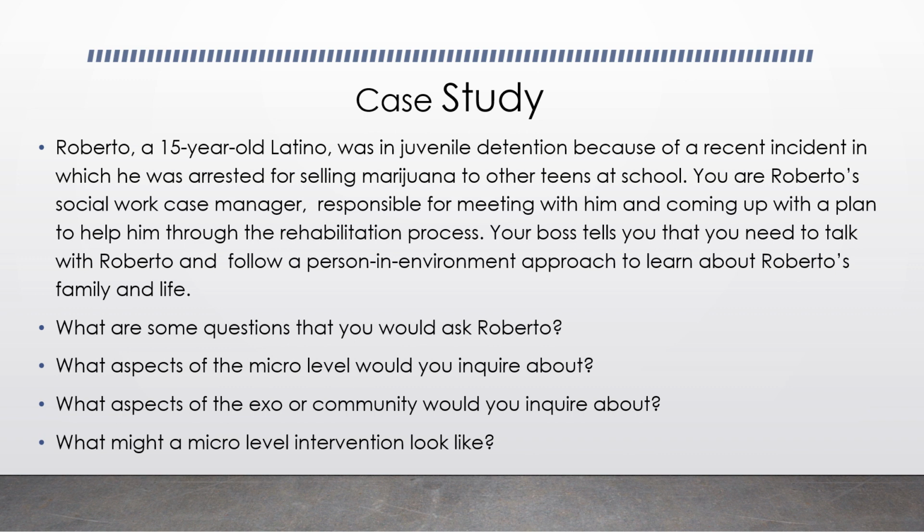Where does he want to go? And what resources and supports can you leverage to really help him get to that end goal? So again, that's just an example of using the eco and systems perspectives and theories on how we'd look at Roberto's situation in real life.